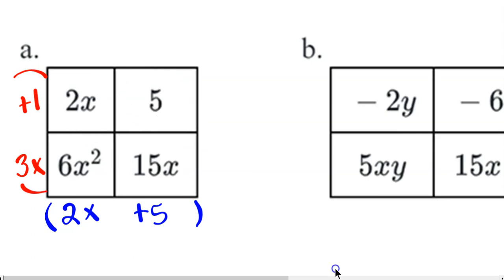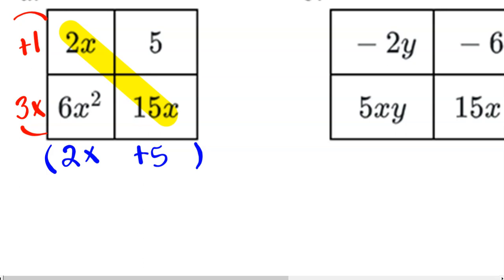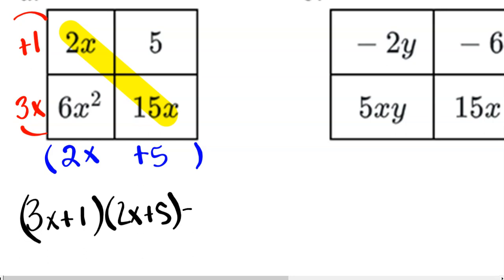And so now to rewrite this, we would look for like terms, and we go, okay. So this one could be written as 3x plus 1 times 2x plus 5 is equal to 6x squared plus 17x plus 5.